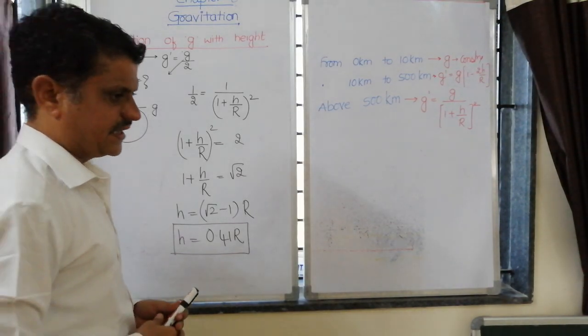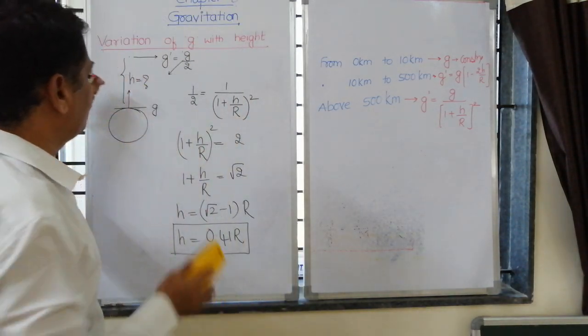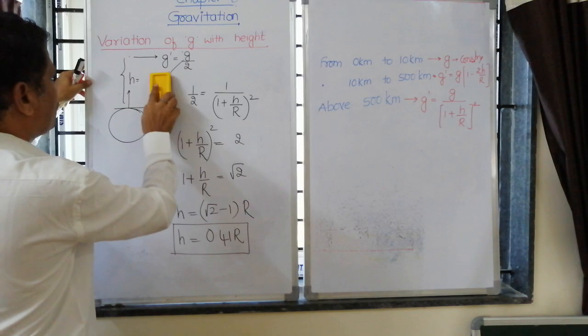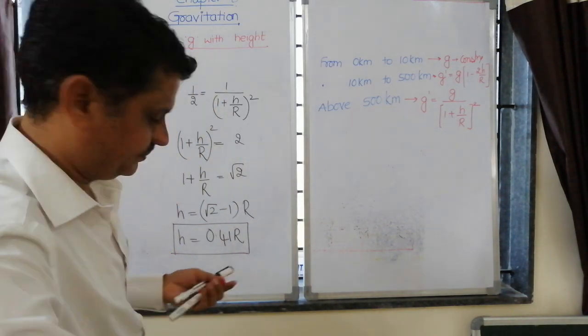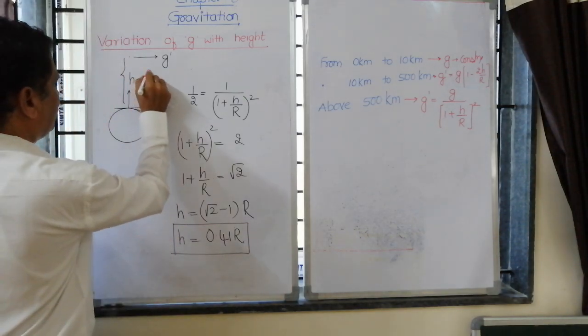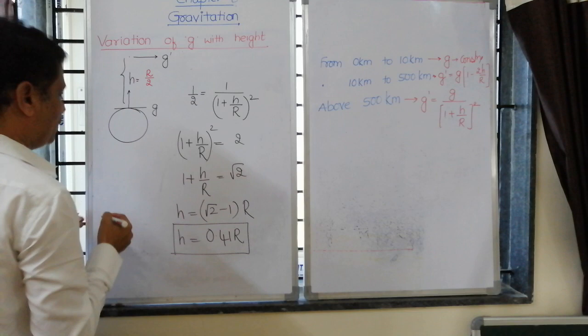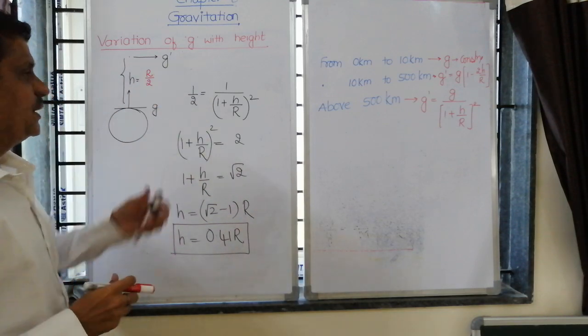Then next question, that is here I took G. Now question is for the same, if H is equal to R by 2, then what is the value of G?